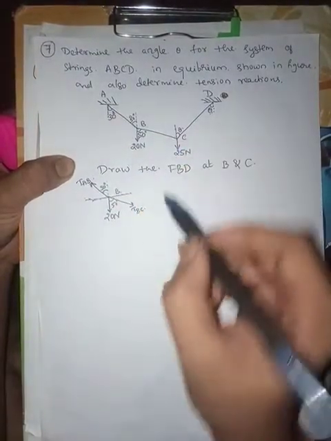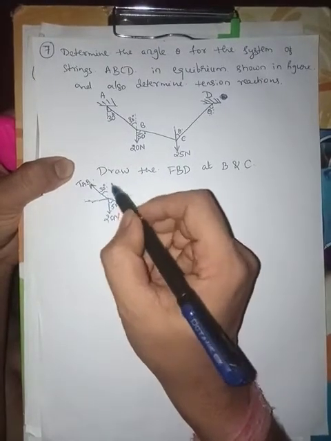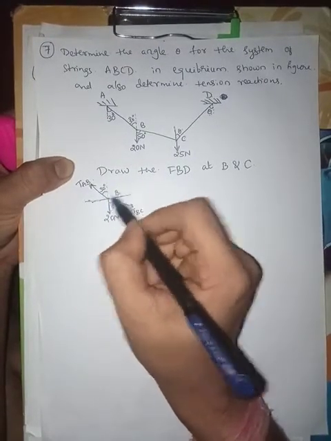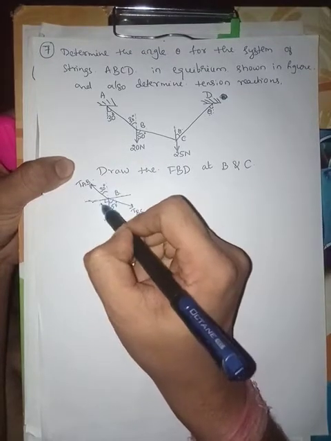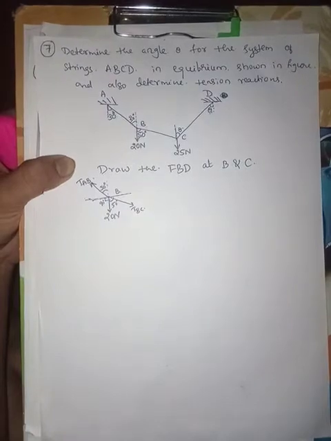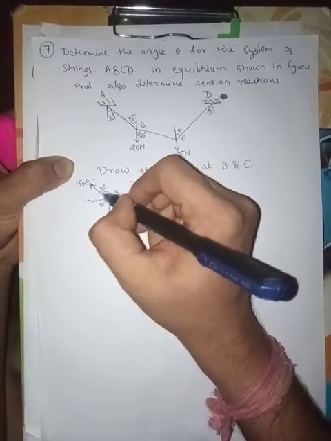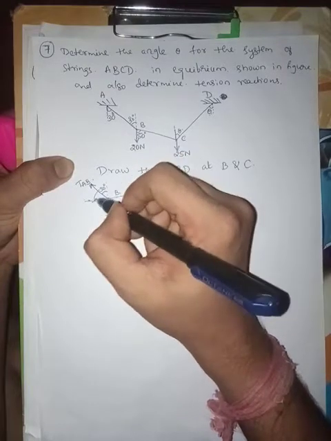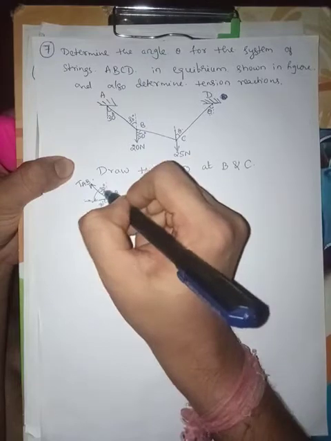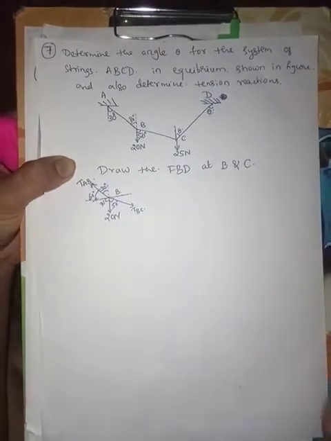We know that the Cartesian quadrants are perpendicular to each other, so each quadrant is 90 degrees. So what about this angle? This angle is nothing but 90 minus 30, which is 60 degrees.